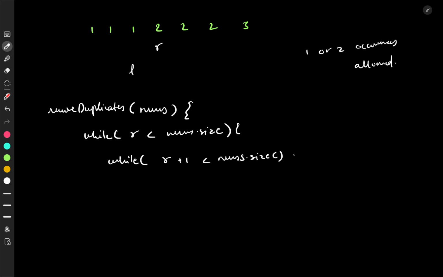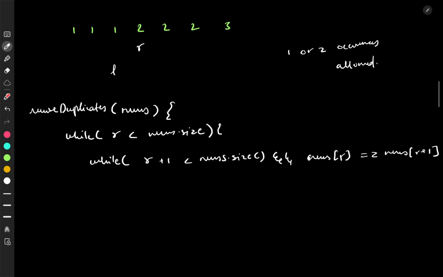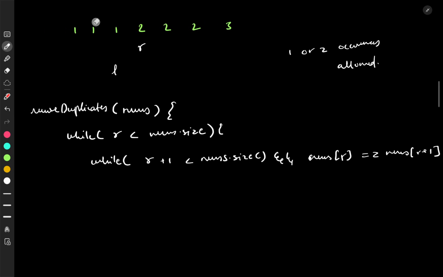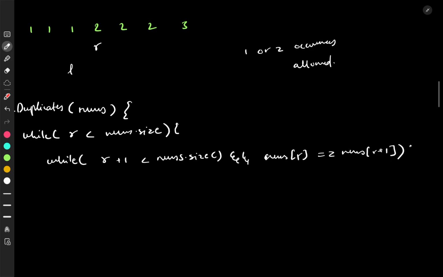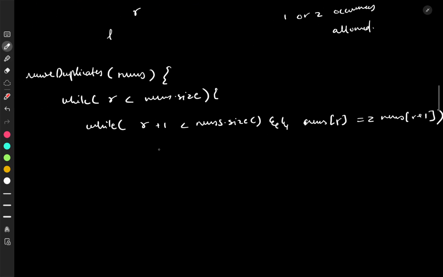less than nums.size, and this is the actual main logic now: nums[r] equals nums[r+1], basically checking if these two values are the same. If r is here, then these two values, correct? That is what it checks, and if these hold true, then we increment count, and we increment the right pointer, correct?